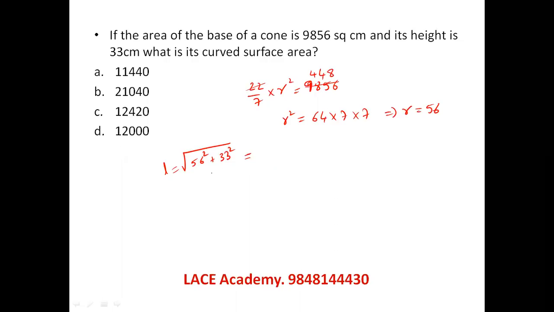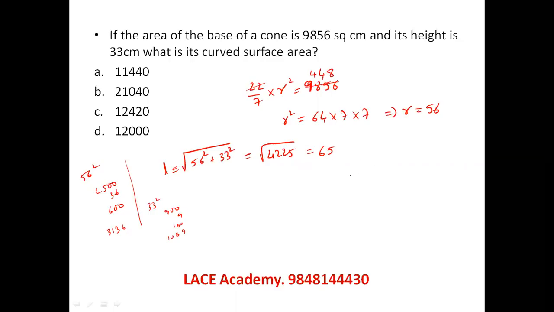You have to find this out and then take out the square root of it. 56 square is 3136. 33 square is 1089. We are getting the square root of 4225, which is 65, obviously, because it ends with 5.